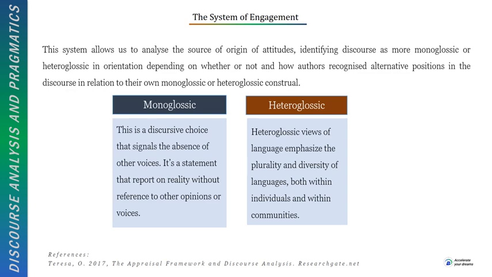While heteroglossic, on the other hand, views language in a more plural and diverse way. So, this view of language emphasizes the plurality and diversity of languages both within individuals and within the community. It has to do with other people's voices in the context or in an utterance.